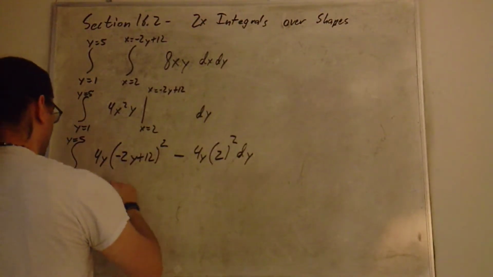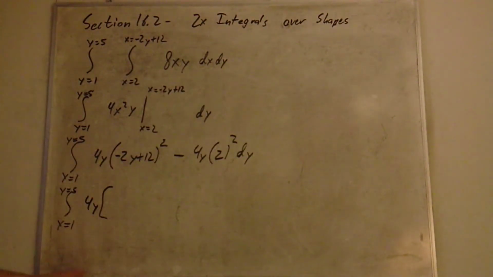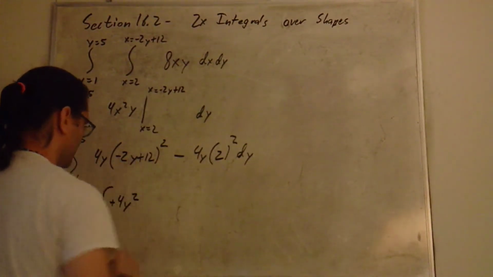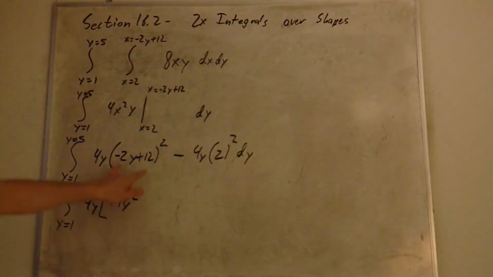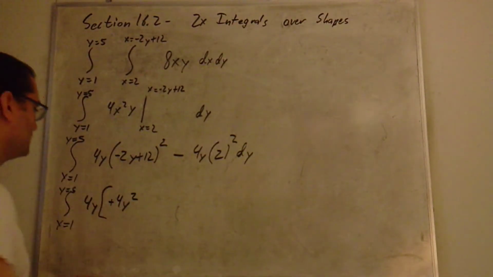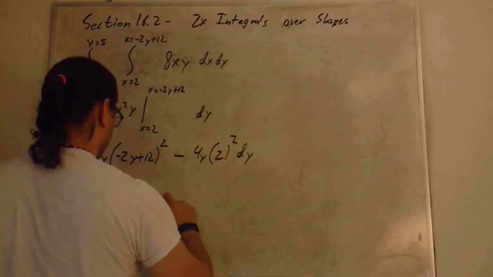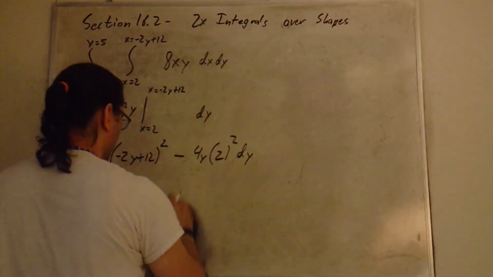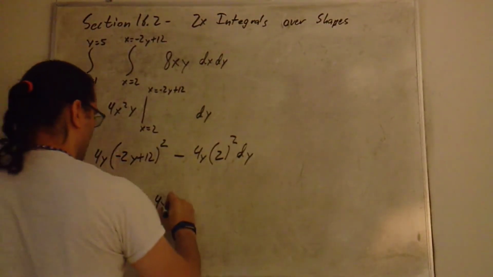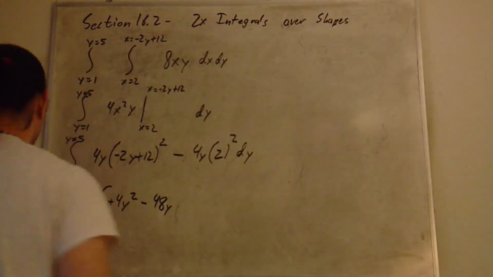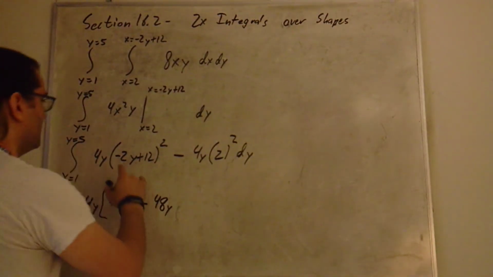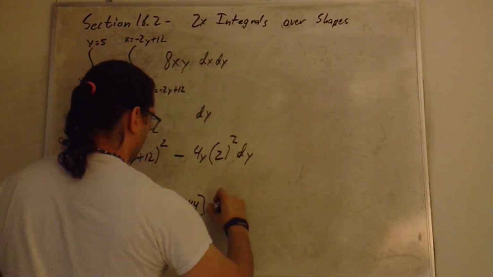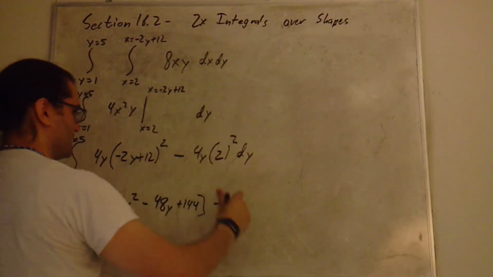4y is going to hang out for now. Negative 2y plus 12 squared should give me 4y squared minus 48y plus 144, minus 4 times 4, which is 16.